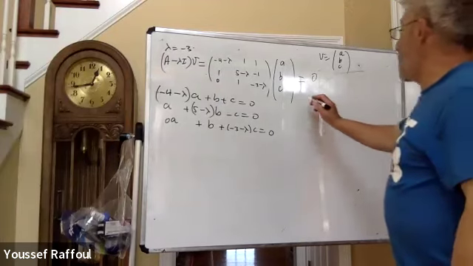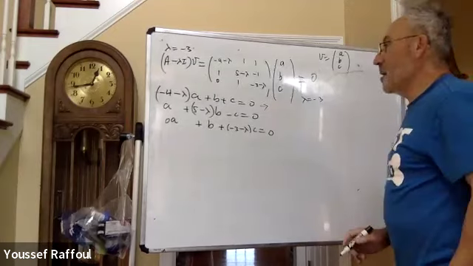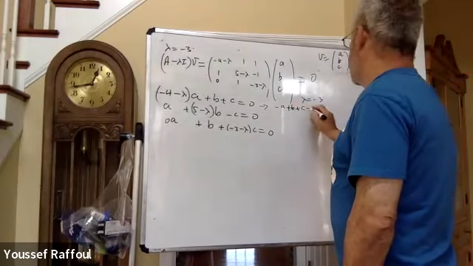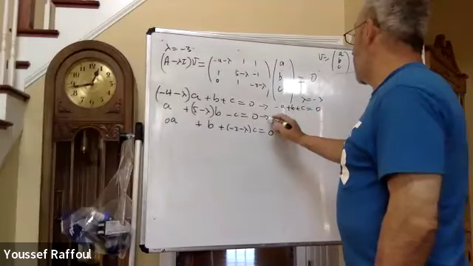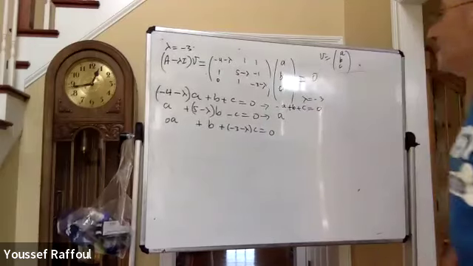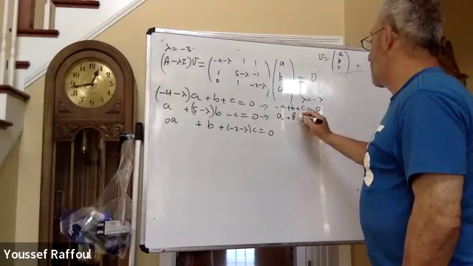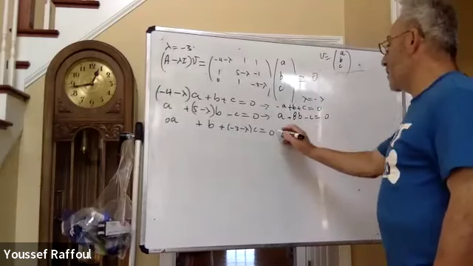So if I take lambda equal -3, then this becomes -A + B + C = 0. And the second equation becomes A + 8B - C = 0.